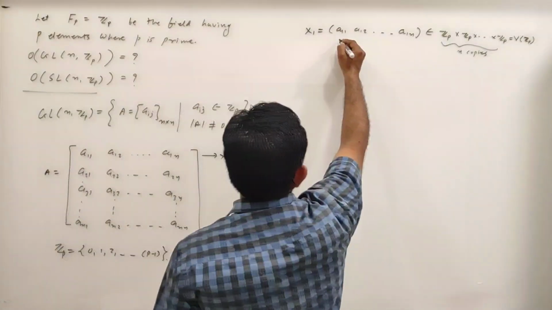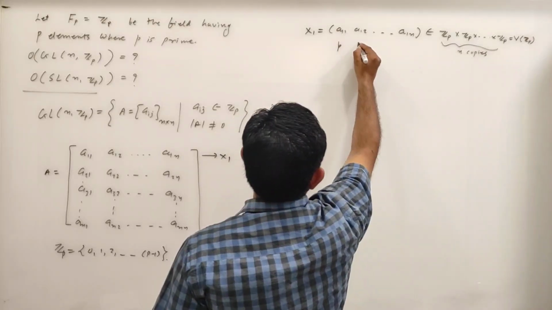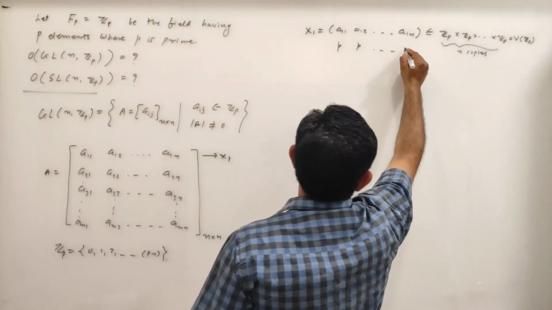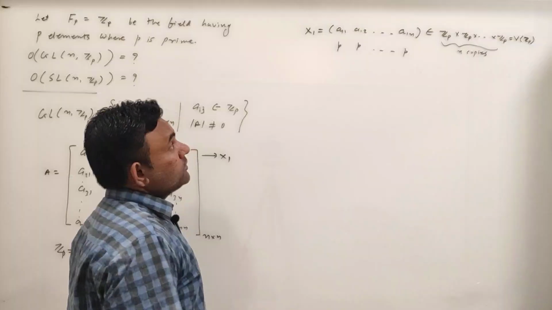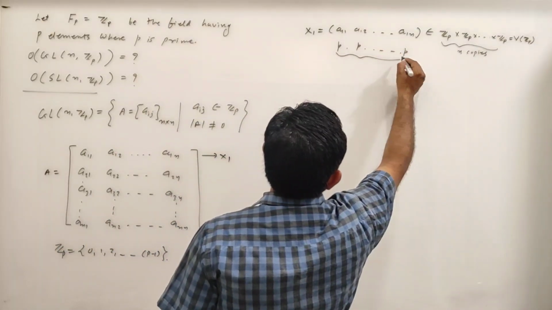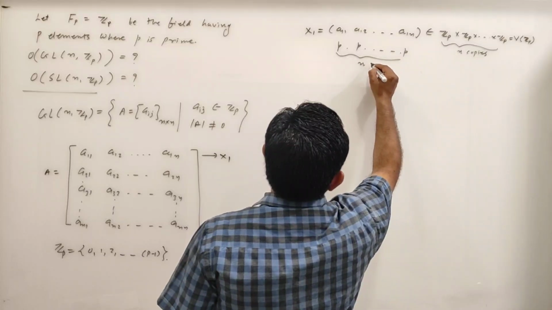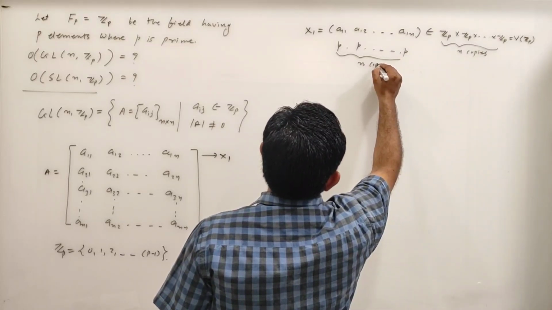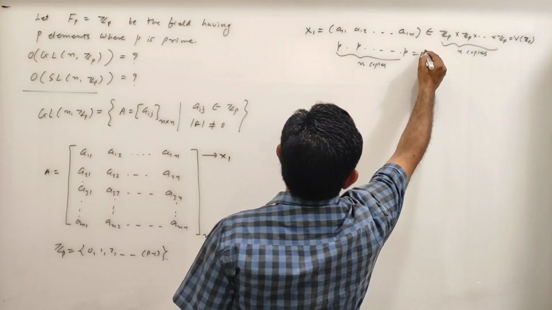So a11 has p choices, similarly a12 has p choices, and so on, a1n has p choices. So x1 has p into p into p, n times, that is p raised to n choices.